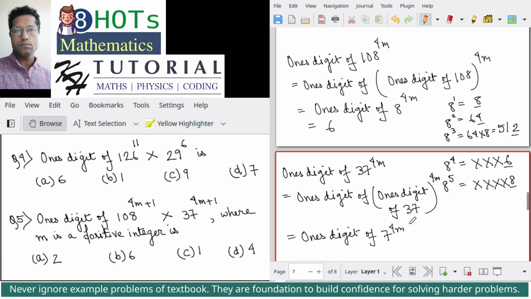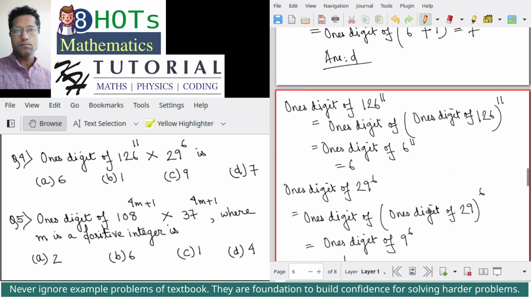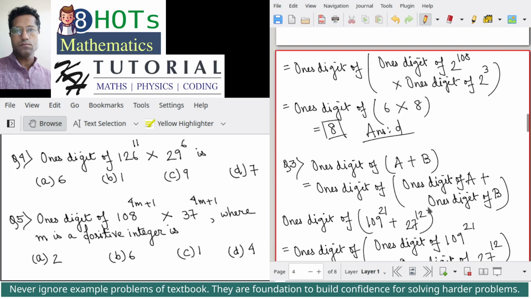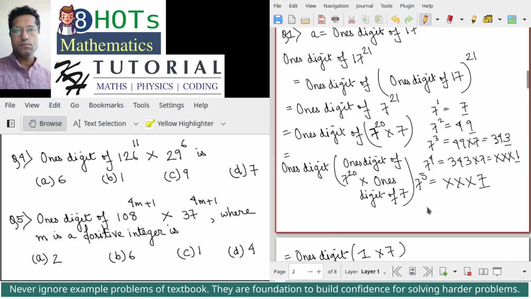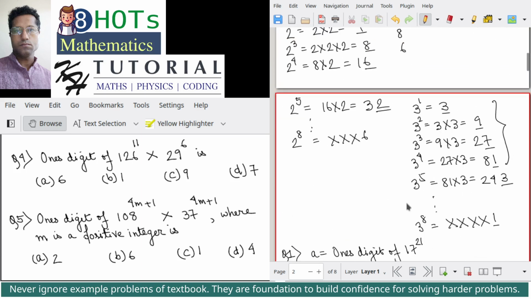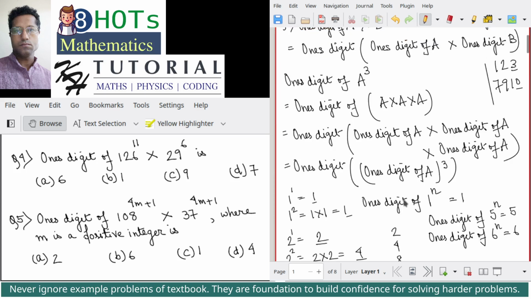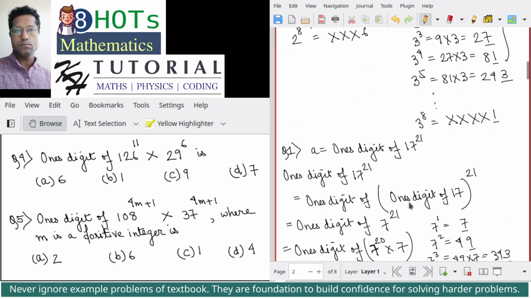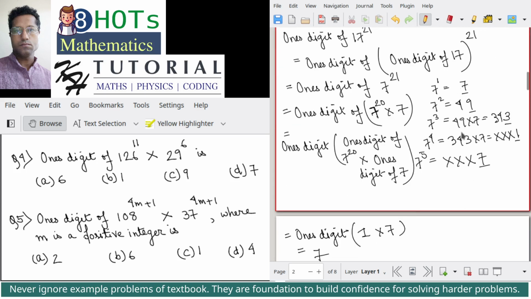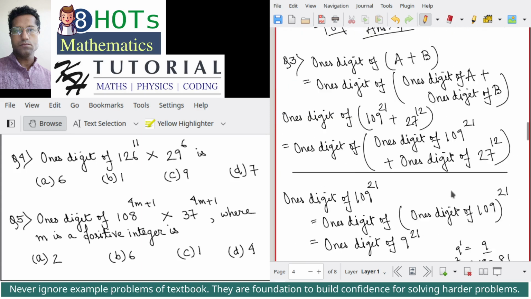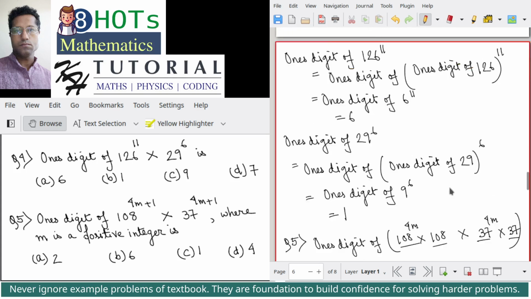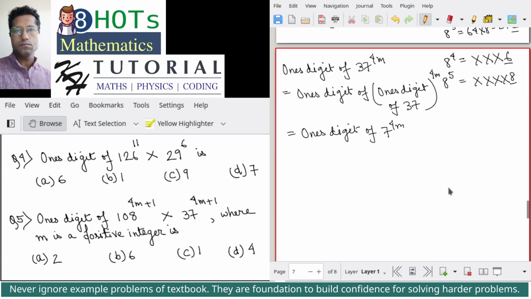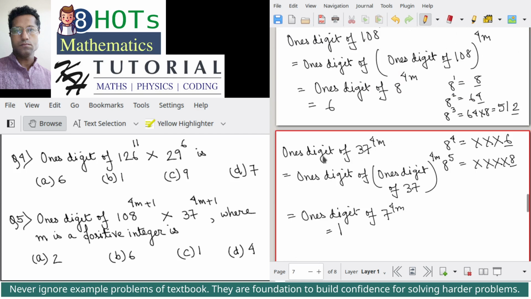And we also know from the pattern of ones digit of powers of 7 that at every fourth power of 7, the ones digit is 1. So definitely the ones digit of 7 to the power 4m, where 4m is a multiple of 4, will obviously be equal to 1.